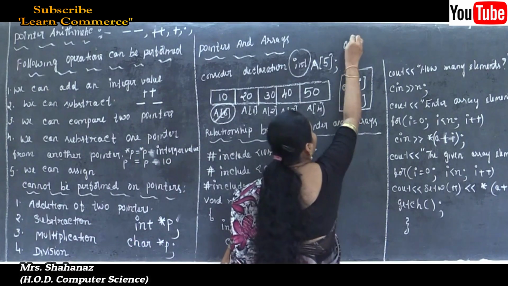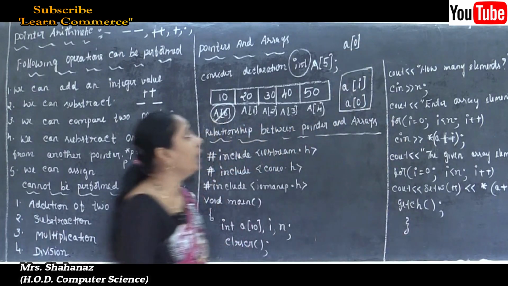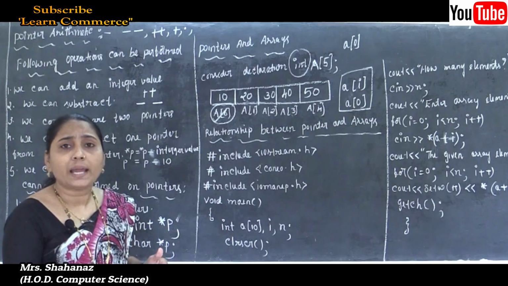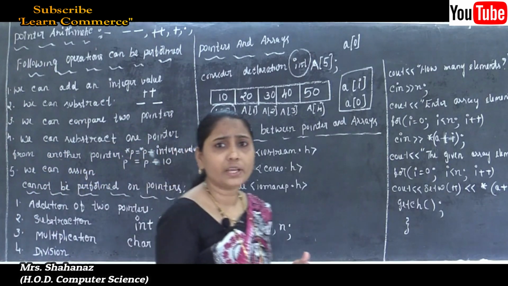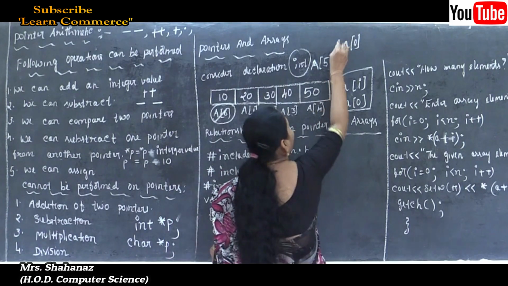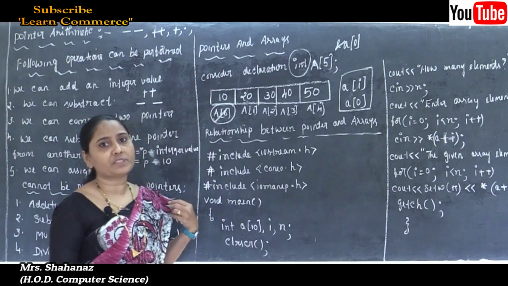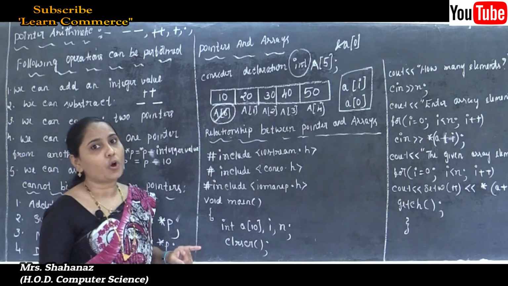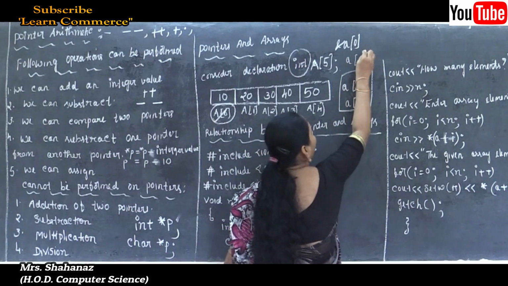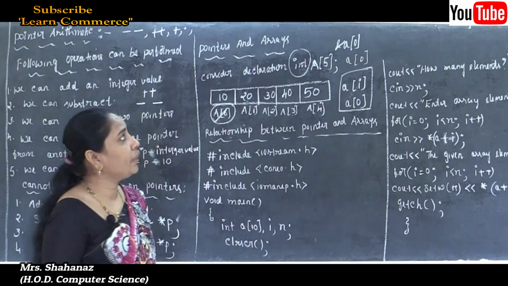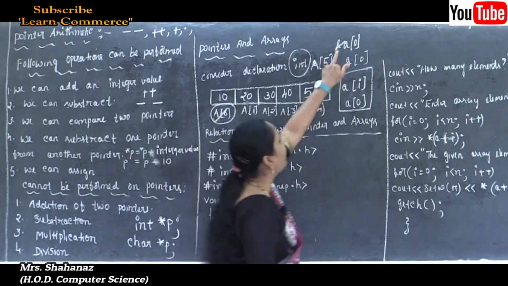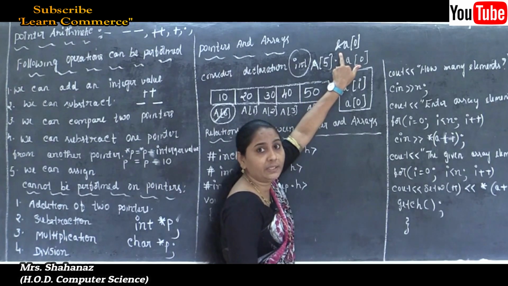And the address of A of 0. Clear this point? Just A of 0 is not called the address of A of 0. Such an address of A of 0 can be explicitly obtained using the operator, the ampersand, A of 0. Now it is called the address of A of 0. If you just write A of 0, it is simply called A of 0, and if you want to write the address of A of 0, we need to write ampersand A of 0.